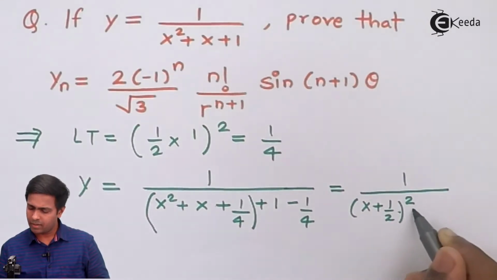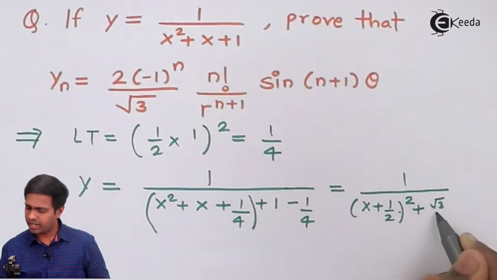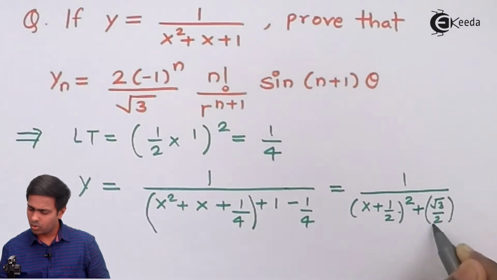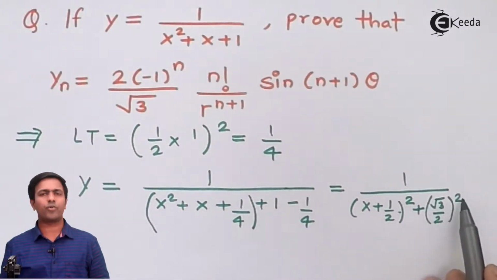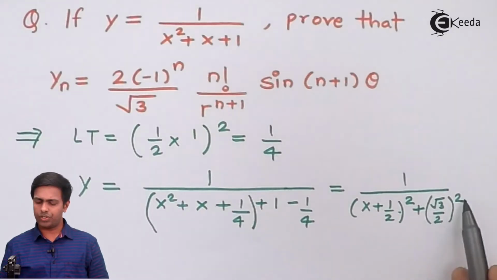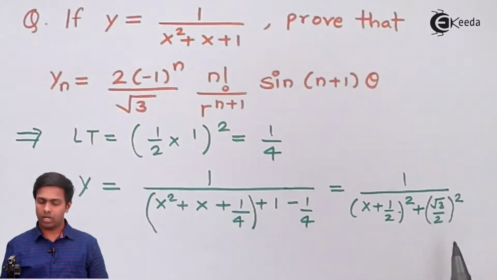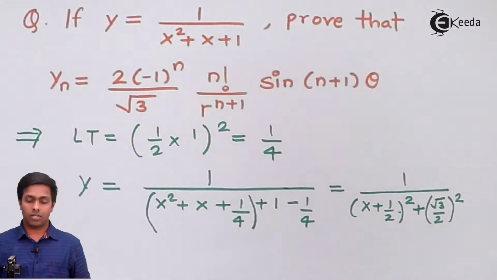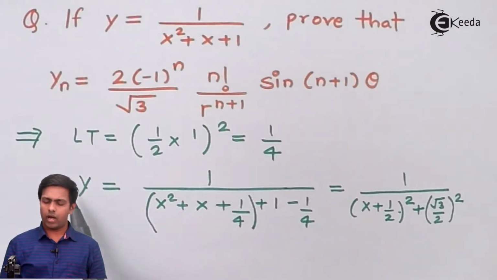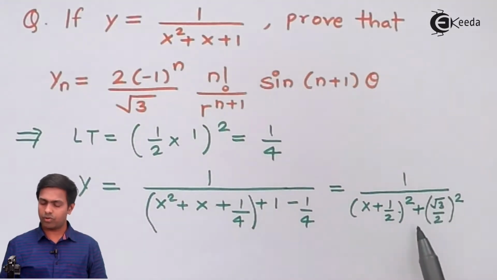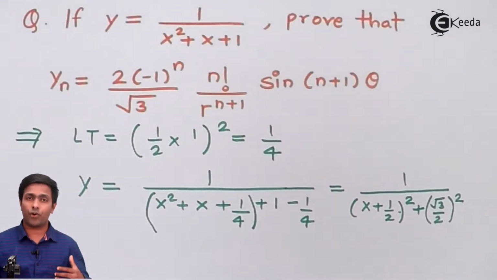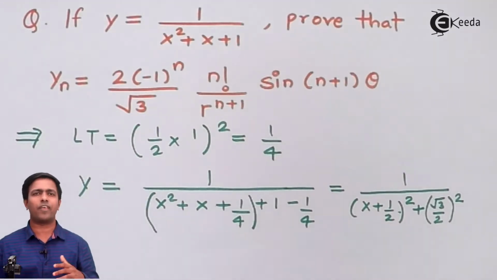So I will say it is plus root 3 upon 2 the whole square. So square of root 3 is 3 and square of 2 is 4. It means we'll get 3 by 4, that is this term. So now guys, here we got y as 1 upon x plus half the whole square plus root 3 by 2 the whole square. Now from this we will try to find out the factors.